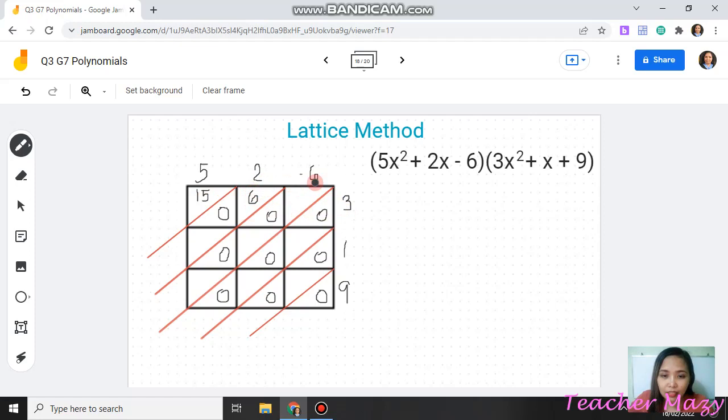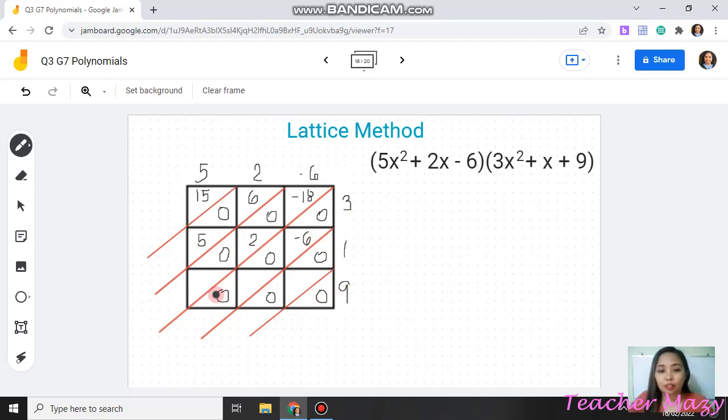And negative 6 times 3 is equal to negative 18. Next, for the second row, 5 times 1 is equal to 5. 2 times 1 is equal to 2. And negative 6 times 1 is equal to negative 6.